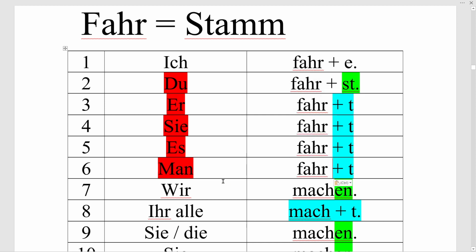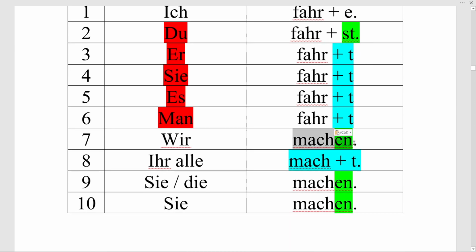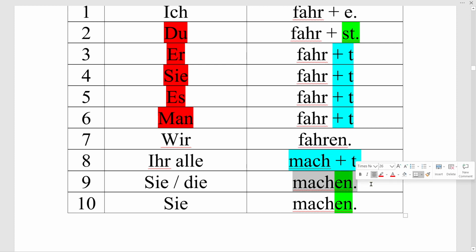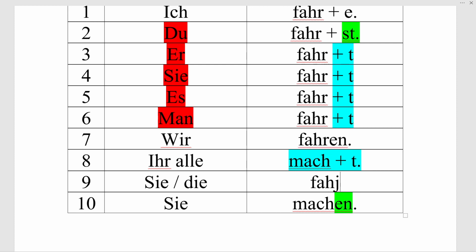So this is the third person, and again here we have fahren, and the same thing over here, fahren, because we talked about these plural pronouns. Now we're good to go. And again, fahrt. Yes, the same as machen, as you remember.